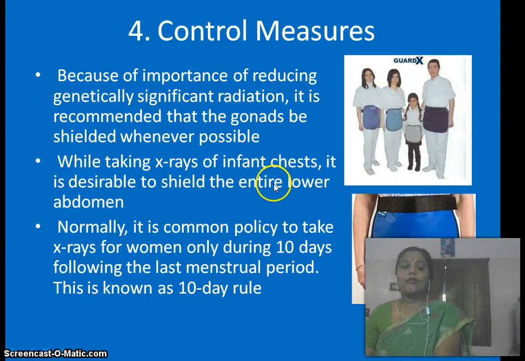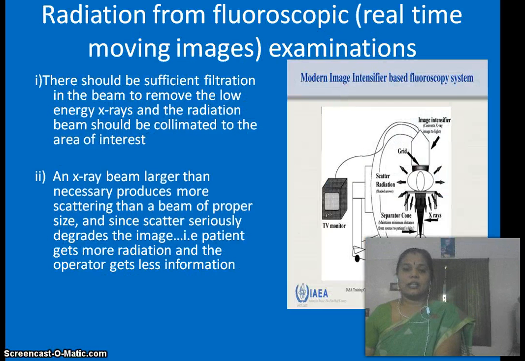And there is a rule for the women who are taking the X-rays, called the 10-day rule. What is this 10-day rule? The X-rays for women can be taken only during the 10 days following the last menstrual period, so that they will not be affected. So their gonads will be shielded during the investigation.